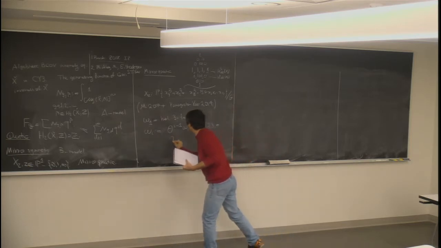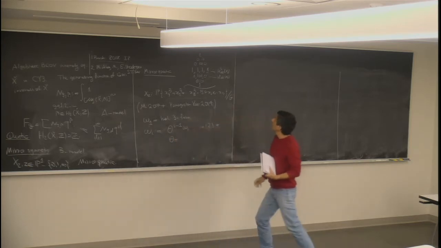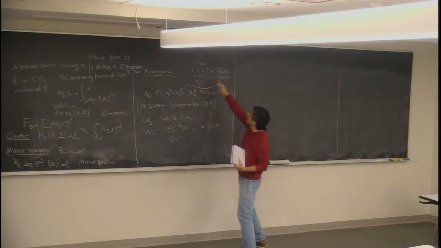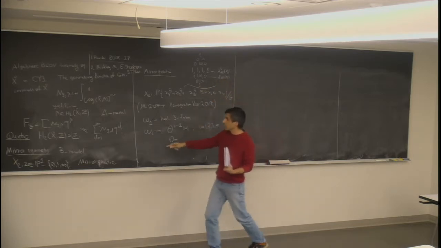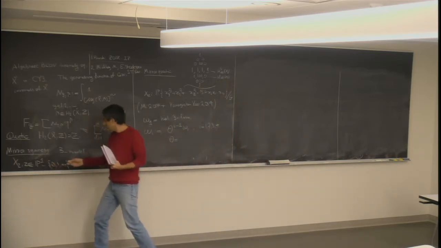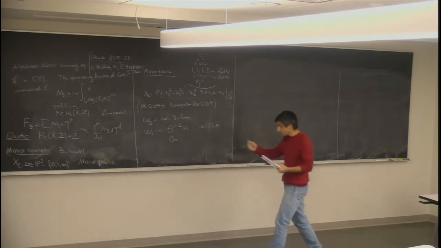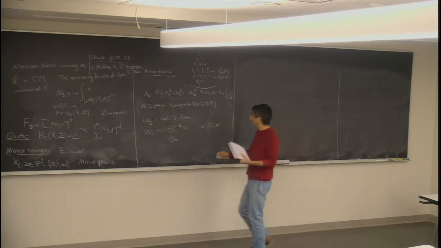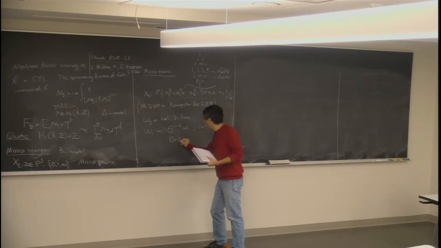What is theta? The mirror quintic has a moduli space of dimension 1. So basically, this P1 minus 3 points, the z coordinate, classifies the mirror quintic.